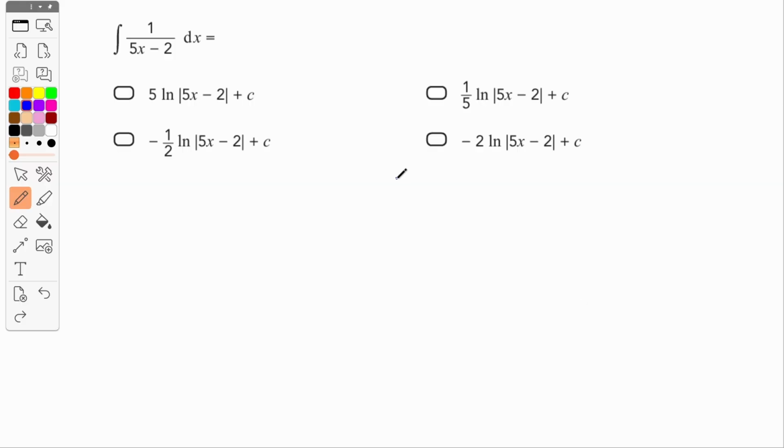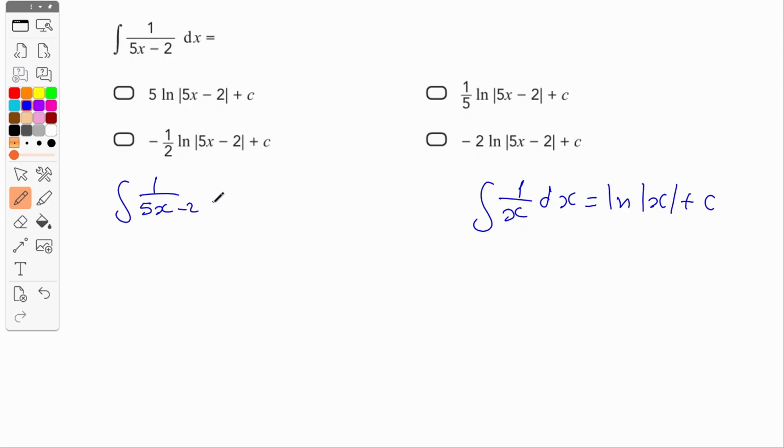Next one, the integral of 1 over 5x minus 2 dx. Again, we have studied this one: the integral of 1 over x dx will be ln the modulus of x plus c. So the integral of 1 over the function 5x minus 2 dx will be what?